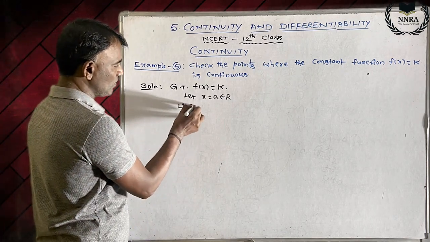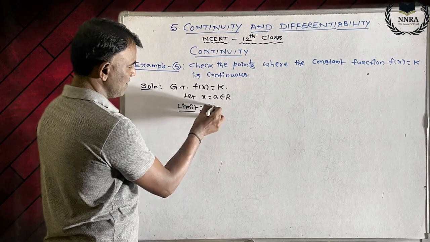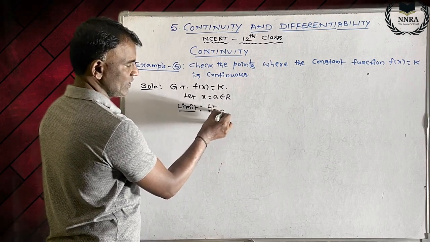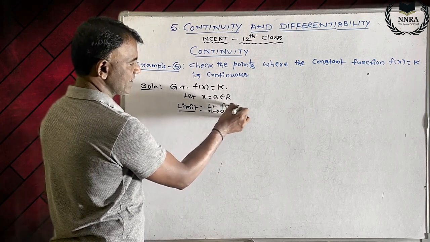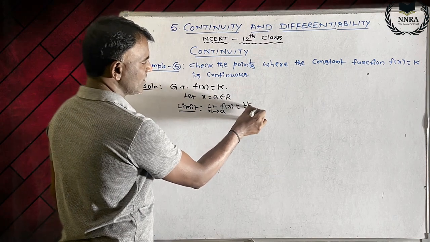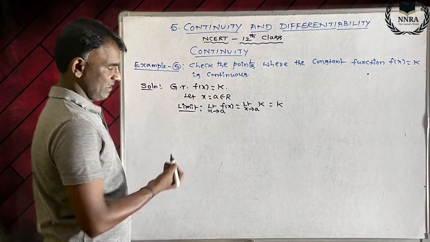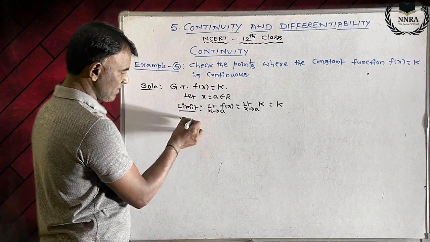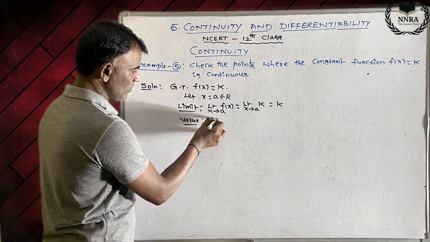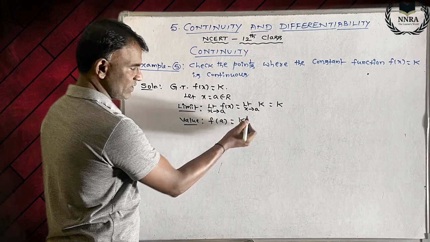So how to find limit? Limit x tends to a of f(x). That is limit x tends to a. What is f(x)? k. Then we get k. Clear? And coming to the second one, that is value. So value means f(a). It is also equal to k.